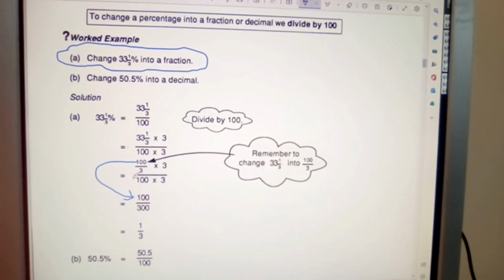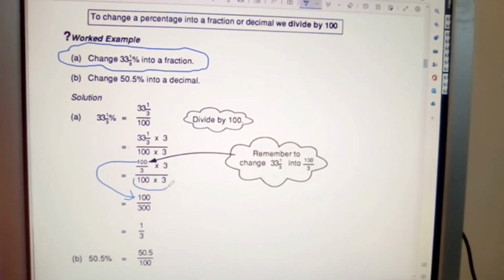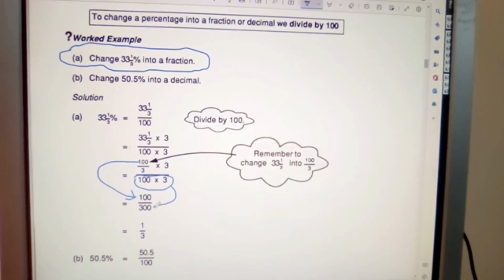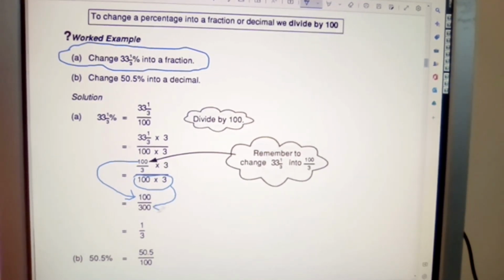That here becomes this. And then it's just a simple matter of cancelling off these zeros here. Boom, boom, boom, boom. And that gives us our answer here. Okay, and that would be correct.